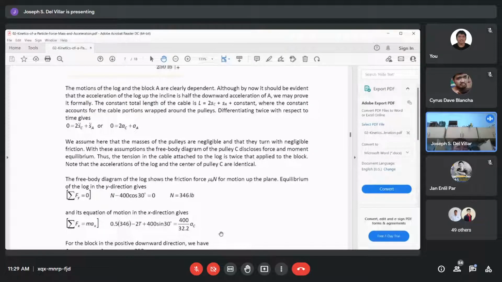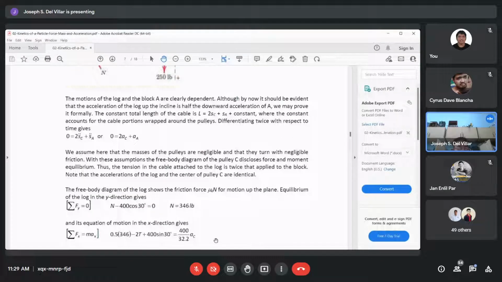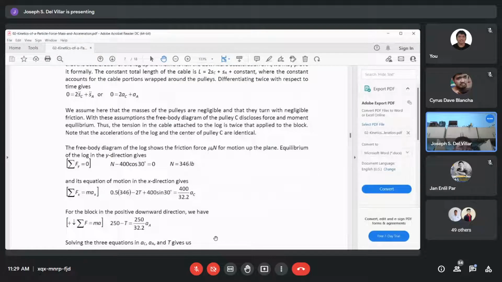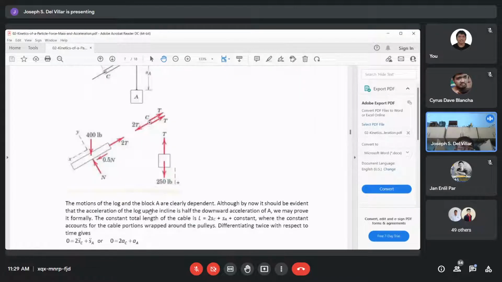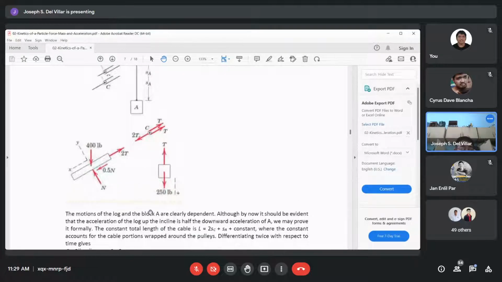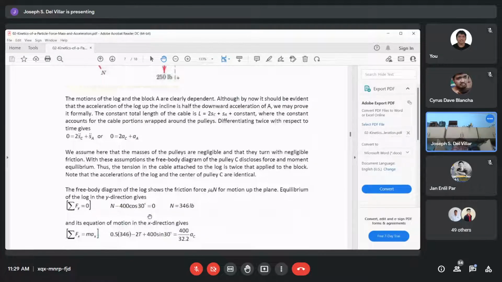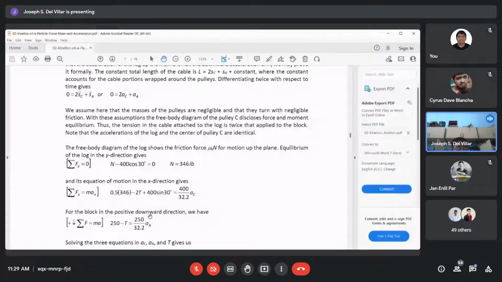So twice the tension. This is the frictional force minus 2T, plus 400 sine 30 is equal to 400 over 32.2 a sub c.